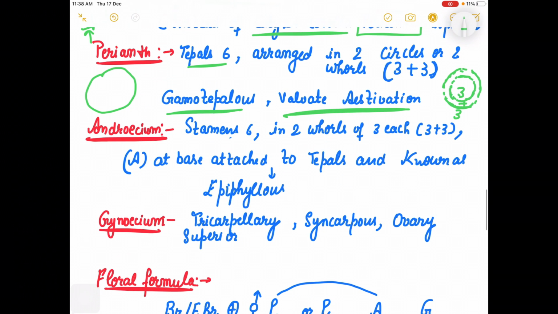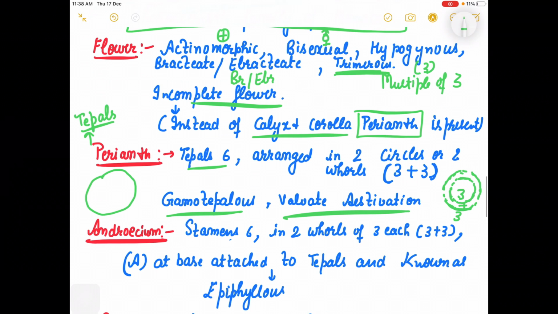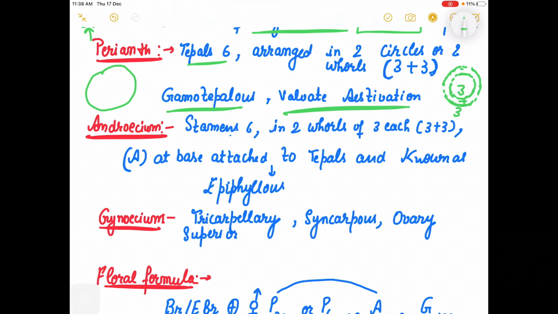Now androecium, because the flower is trimerous, so everything will be 3 or a multiple of 3. So androecium, the stamens, are 6. Again they are also in 2 whorls of 3 plus 3. 3 will be arranged outside and 3 we will arrange inside.